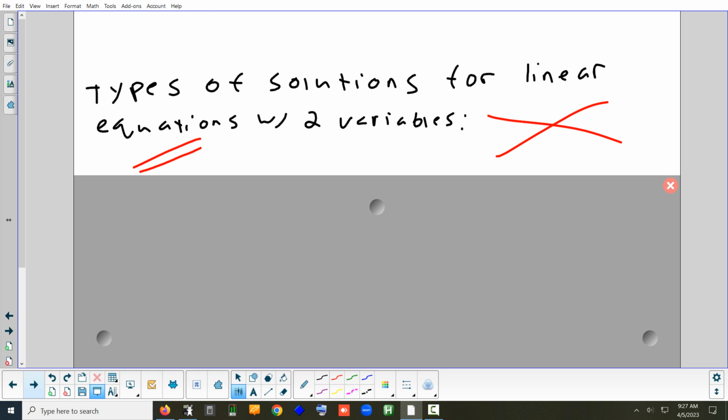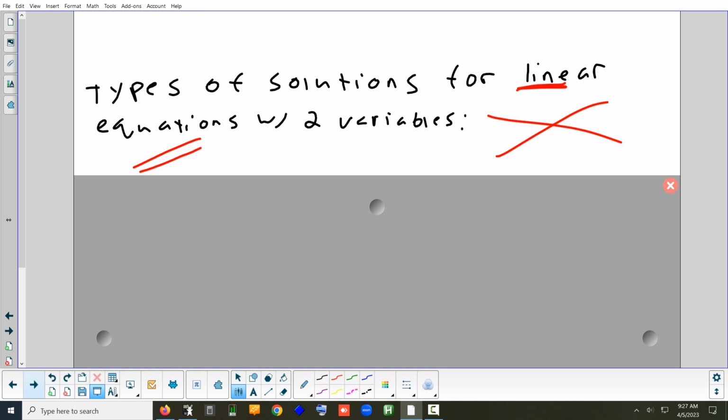It can be parallel, they can cross in one spot, or, yeah? And what would that mean if they cross in multiple spots? How would that look? It would be a curved line. Lines can't curve, so they have to be straight. We're talking specifically about just lines. But if it curved, like a parabola and a line could cross twice, definitely.